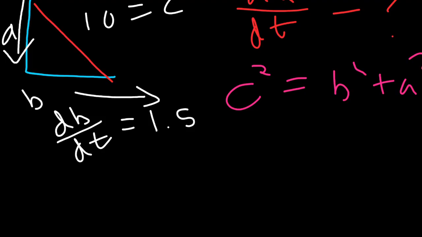So we have c squared equals b squared plus a squared, and let's derive it implicitly. But before, it already gives us a constant, so we can plug that in. Now we have 10 squared, which is 100, equals b squared plus a squared.